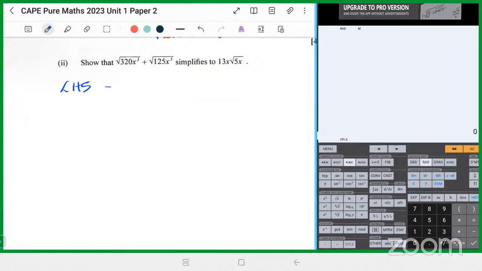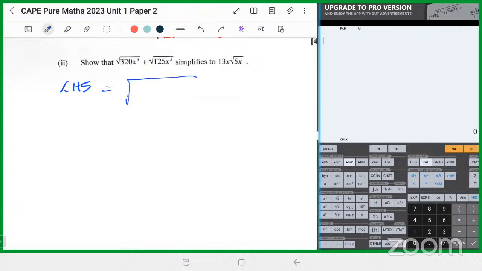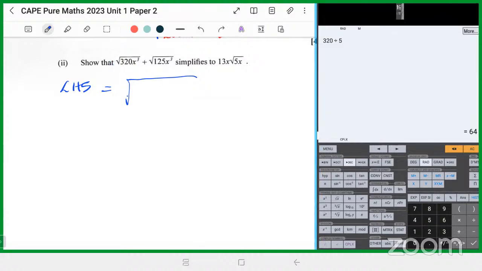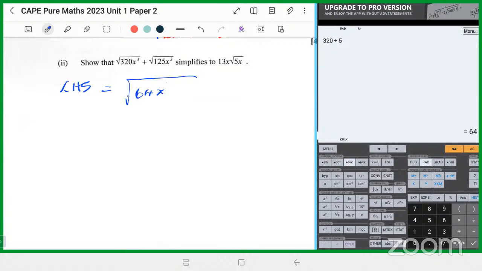So the left-hand side is going to become the square root of, if I factorize 5 out of this, what am I getting? 320 divided by 5 is 64. So this will become 64x squared times 5x.